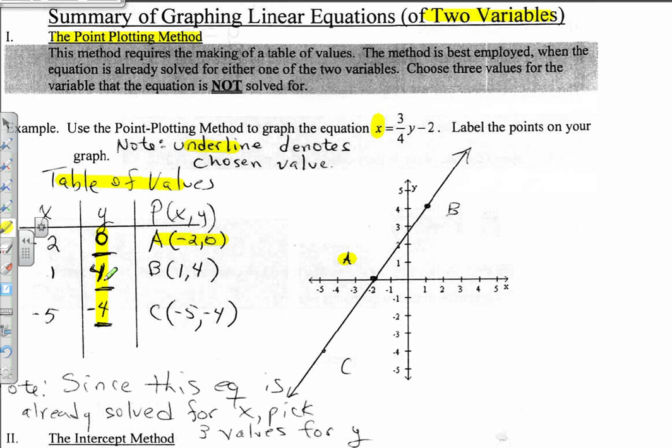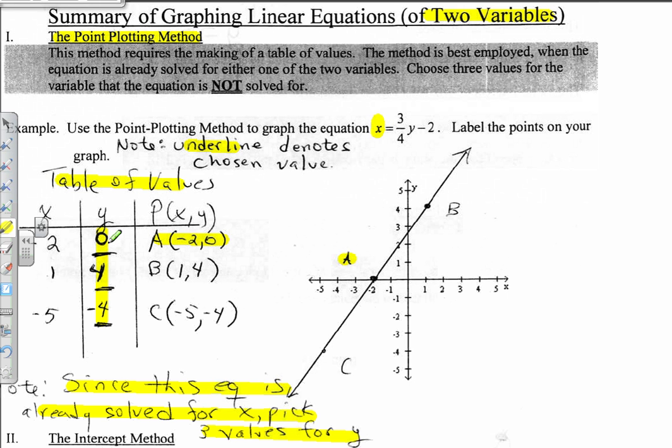And why did I do that? Like it says down here, since this equation is already solved for x, pick three values for y. And we'll give the reason why we pick three values and not two. So I'm going to pick three values for y since this equation up here is already solved for x.